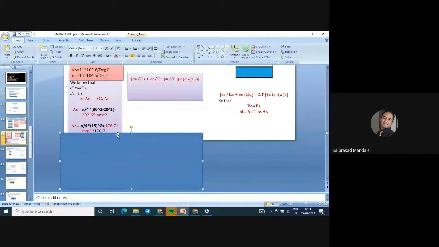Very good. Now just put the values in that equation, that is sigma C into 176.71 equals sigma S into 392.69, and tell me the relationship between sigma C and sigma S. Tell me the answers.